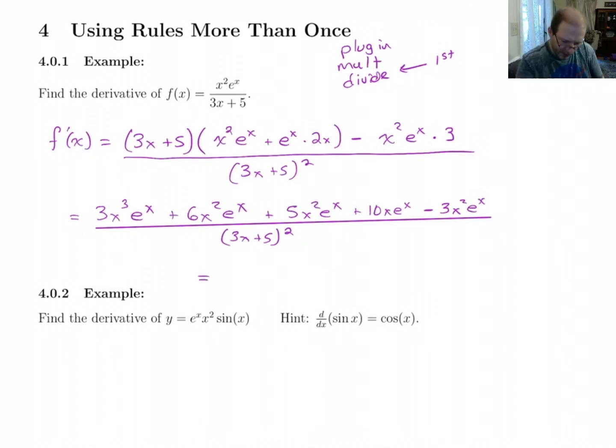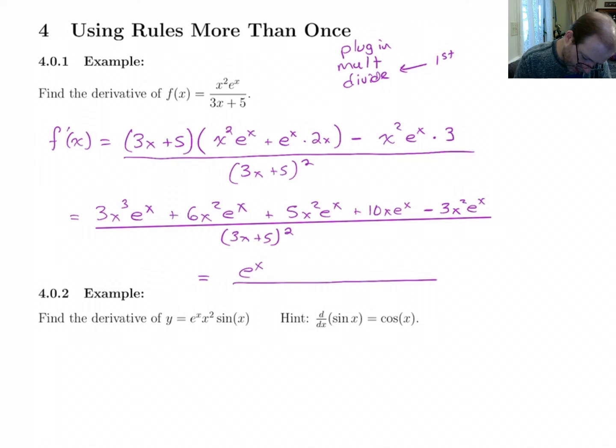All right, we should be able to combine some stuff here. There's two things we're going to do. We can combine x squared e to the x, x squared e to the x, x squared e to the x, those three, but we can also factor out an e to the x. So we've got e to the x, and now if we combine these together, this term, we've only got one with an x cubed, so that's going to be 3x cubed.